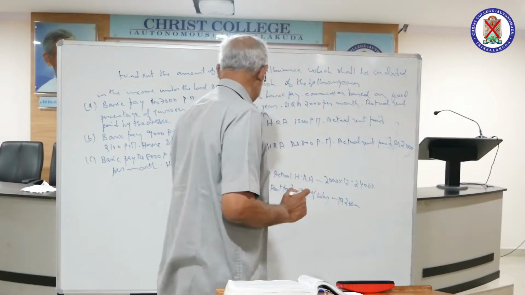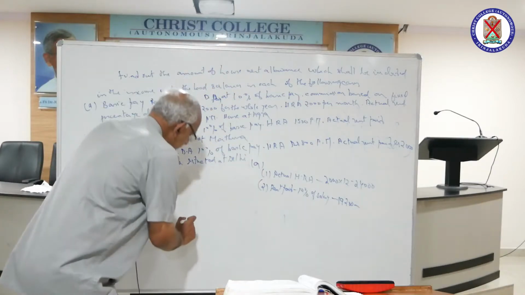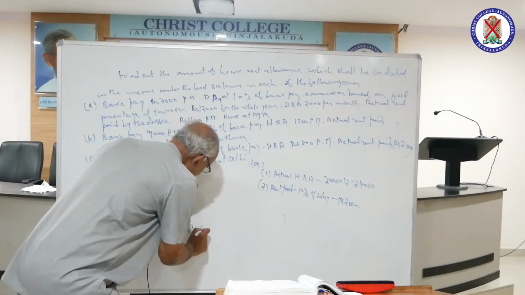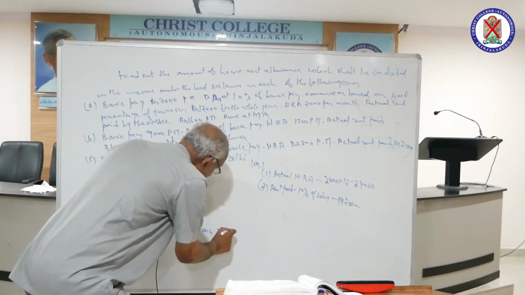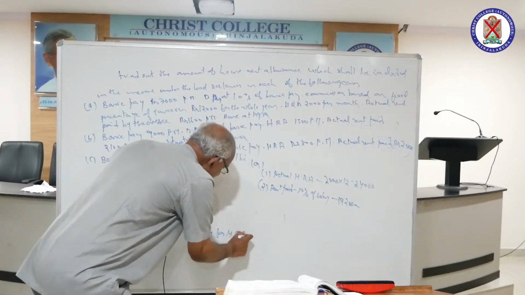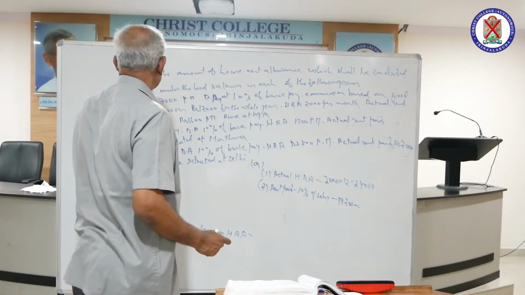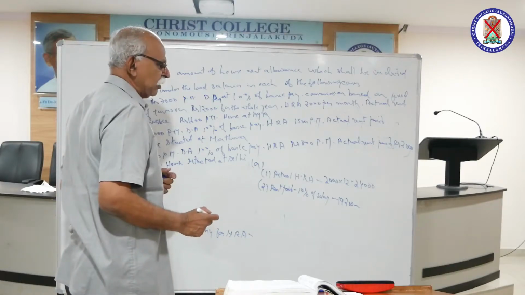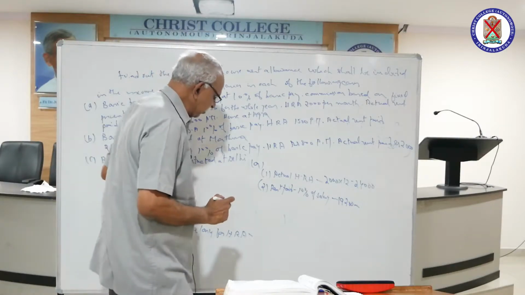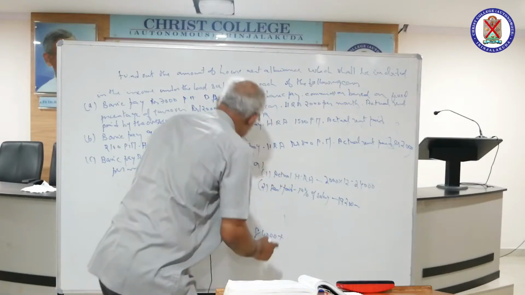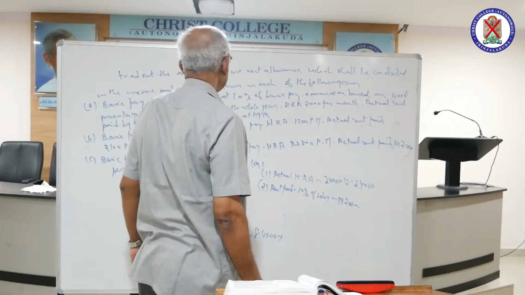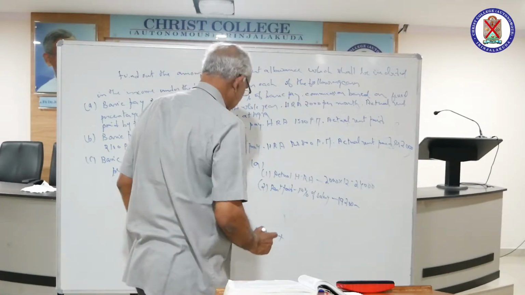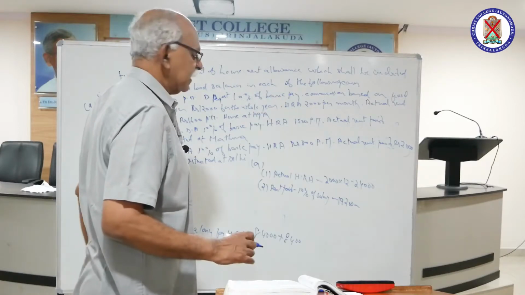You write salary for HRA. Basic pay 7,000 per month, so for 12 months, 7,000 into 12, 84,000, plus 10% of basic pay, that is 8,400, plus commission.